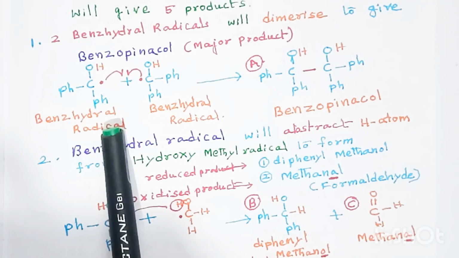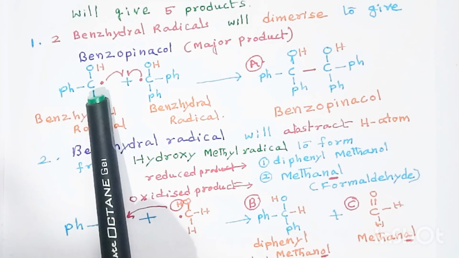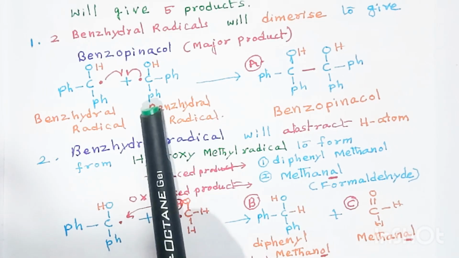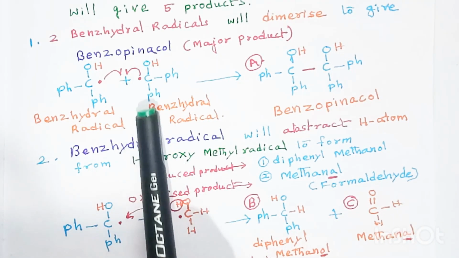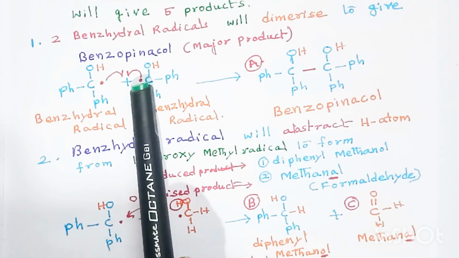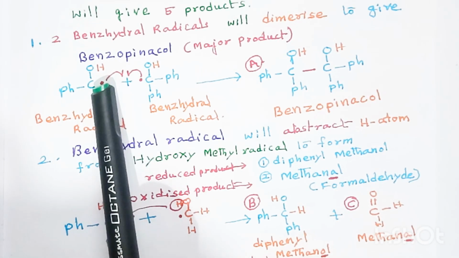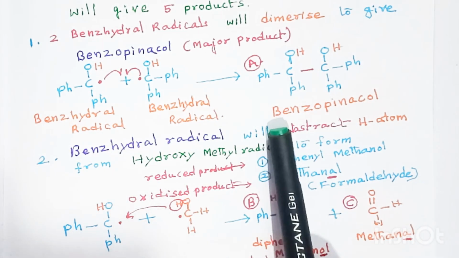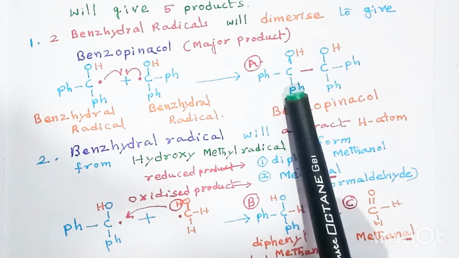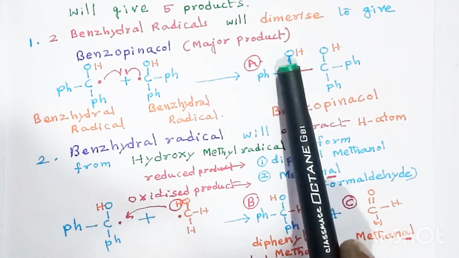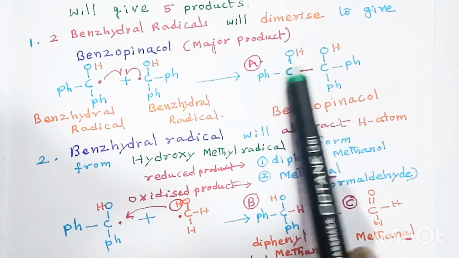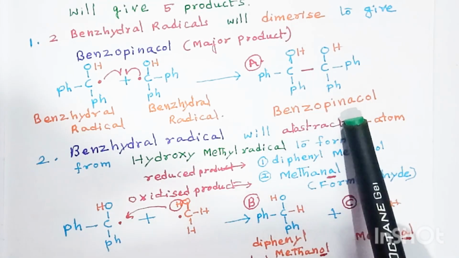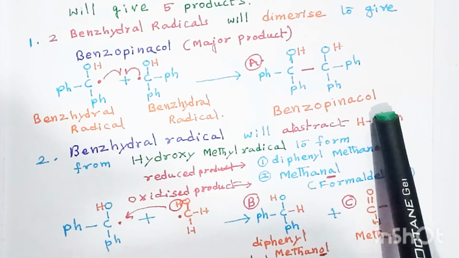So this is benzhydryl radical, Ph2COH radical, and this is another benzhydryl radical, Ph2COH radical. This radical and this radical will join together to form a new bond, as a result of which we get Ph2COH, a new bond between these two carbon atoms, and Ph2COH. This is benzopinacol. This is the major product of the reaction.